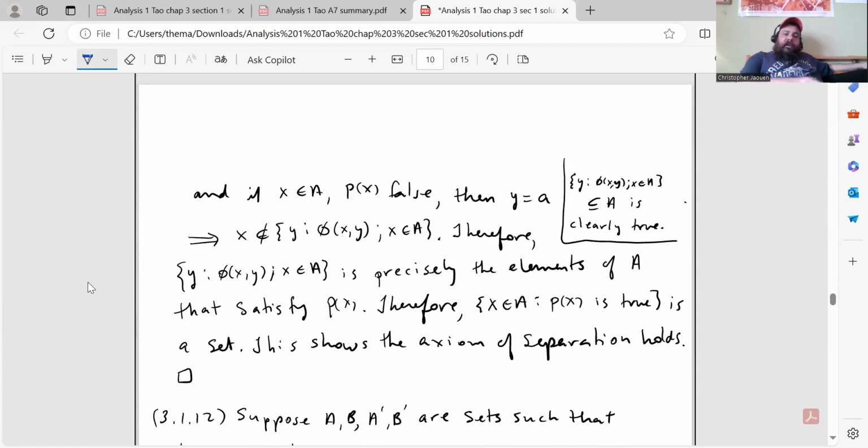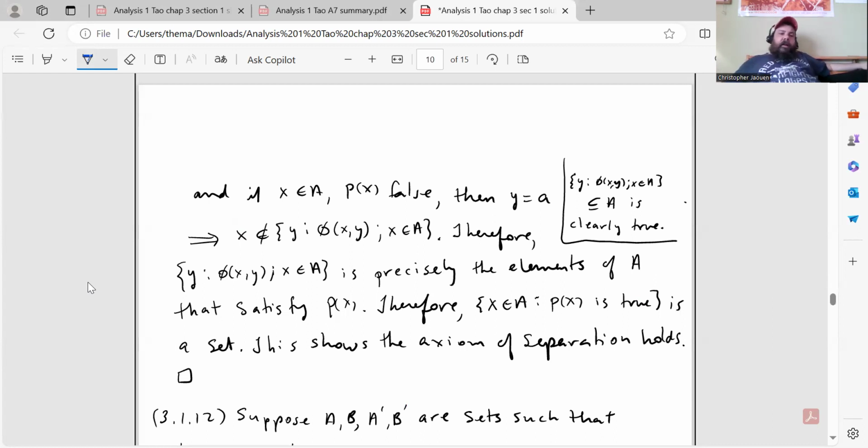And if X is in A and P of X is false, then Y equals A. So that means that X is not an element of the set. Therefore, the set that is guaranteed to exist by the axiom of replacement is precisely the elements of A that satisfy P of X. Therefore, the set of all X in A such that P of X is true is a set. And that shows that the axiom of separation holds.